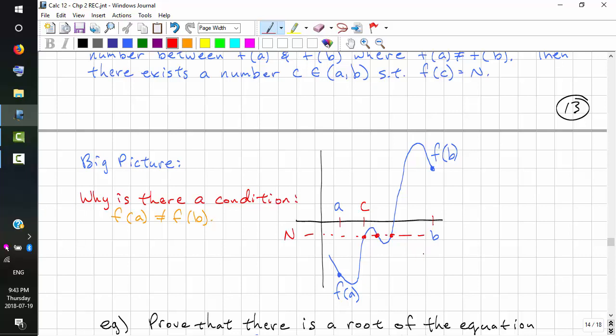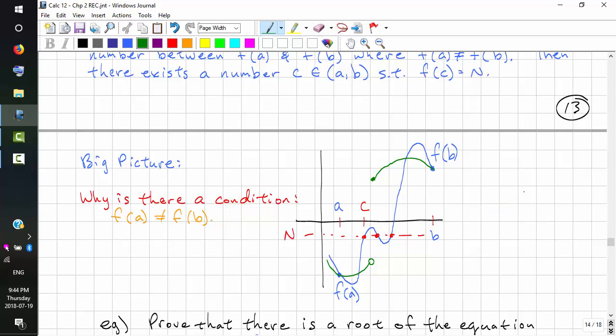So why does it require continuity? If we did something like this and put a jump there, clearly we're not going to find a c where f of c is equal to n, because we jump over that value. That's why it must be continuous. Now, why do we have the condition that f of a does not equal f of b?